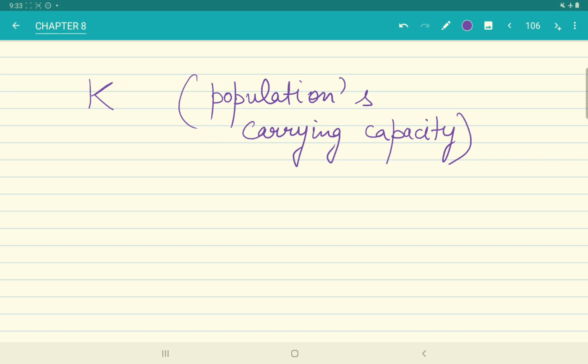And what that means is that the per capita rate of increase of that population will turn negative. This is precisely because of the environmental factors in place: we take up any population whatsoever, that population will grow until it reaches its carrying capacity, and after that point, the environment is not able to hold that population.